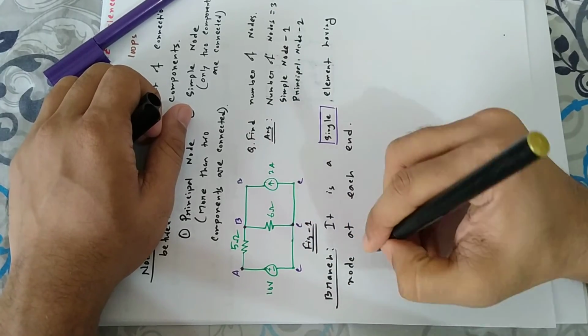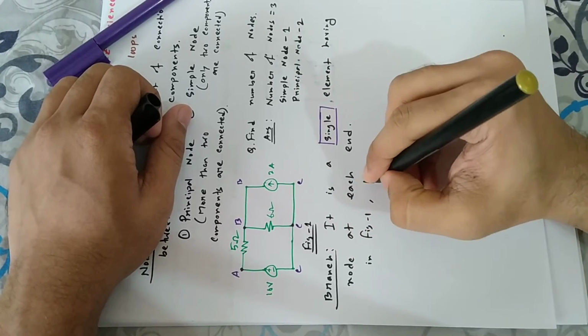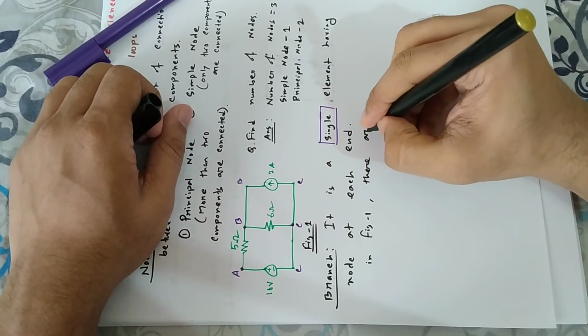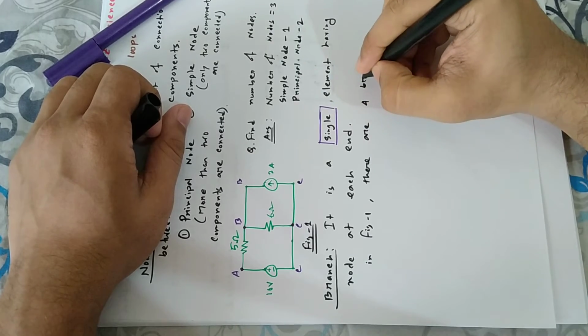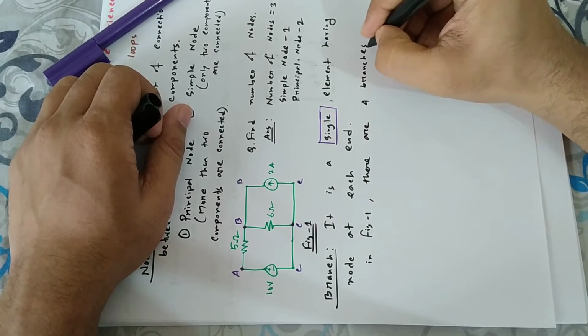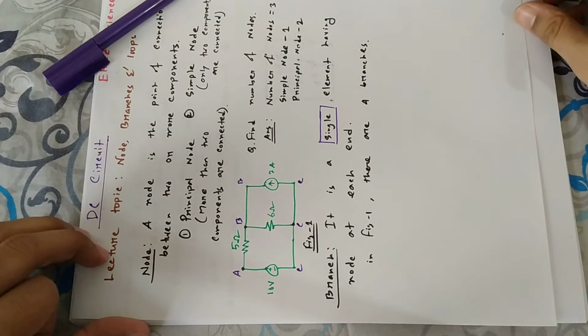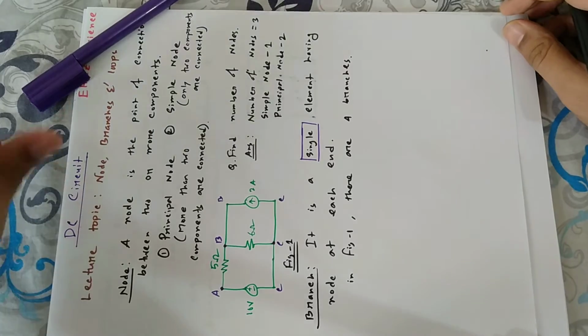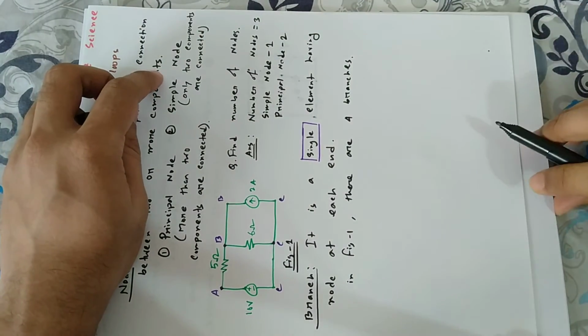So in figure 1 there are 4 branches. Okay. Let us see another example so that you can have a more clear idea.